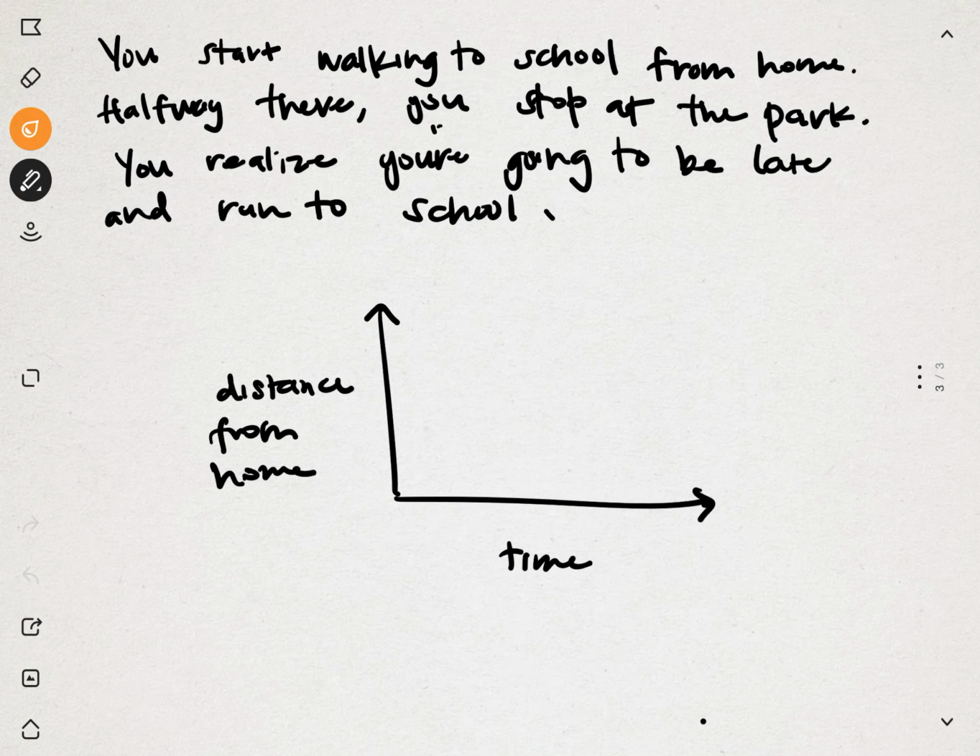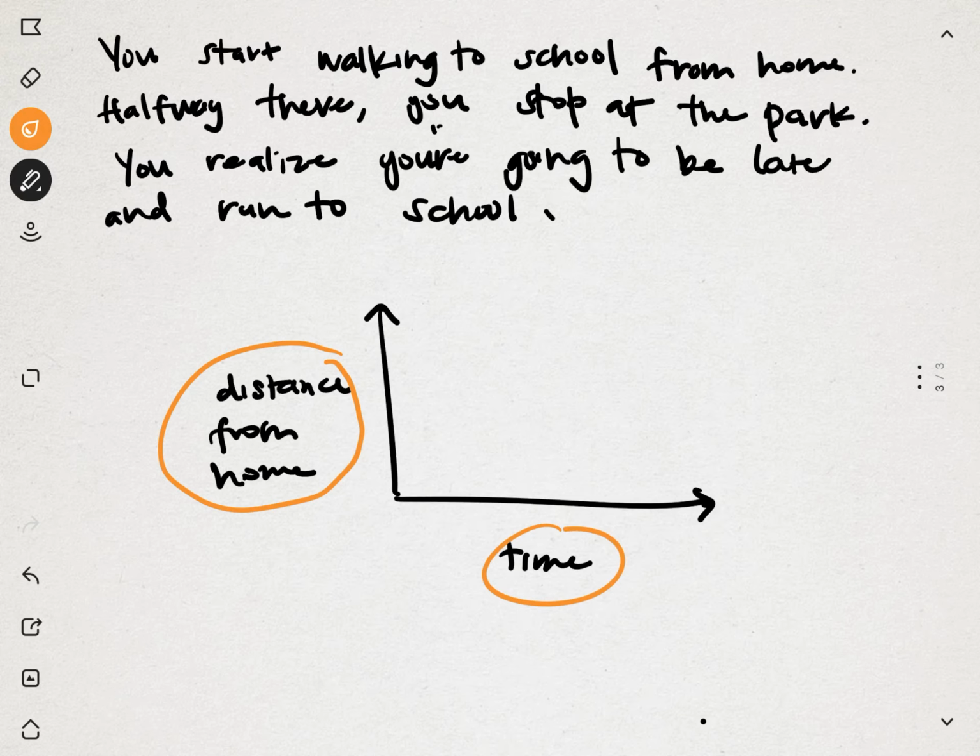Now, the last example is the part of graphing in context. It says you start walking to school from home. Halfway there, you stop at the park. You realize you're going to be late and run to school. Make sure you read the graph correctly so that we know where we're putting our graph and how it should relate to your situation.